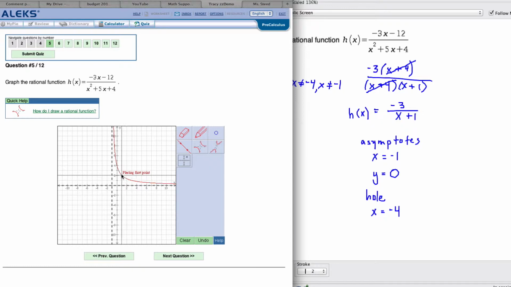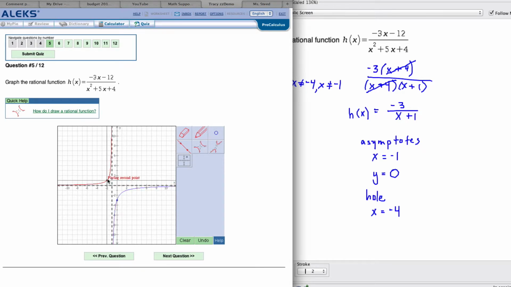Now it's asking you to place your first point. Basically, you take this vertical asymptote and pick a value to the right of it. That would be when x is 0. If we replace x with 0 here, we get negative 3 over 1, which is negative 3. So when x is 0, y is negative 3.